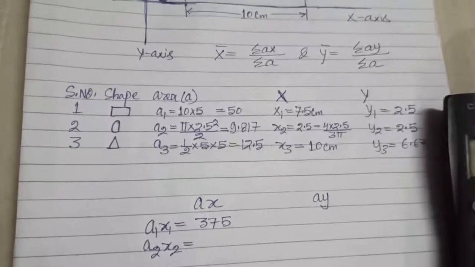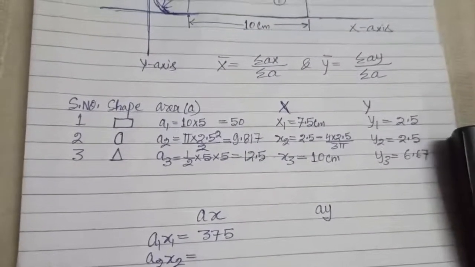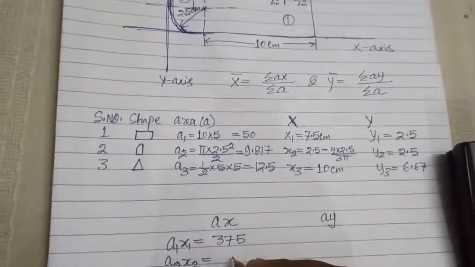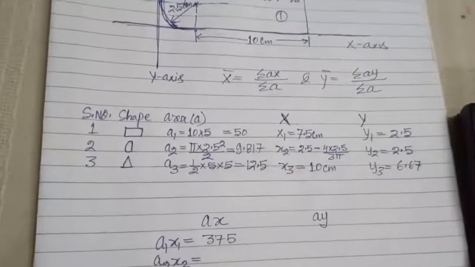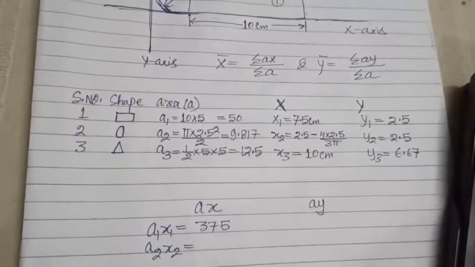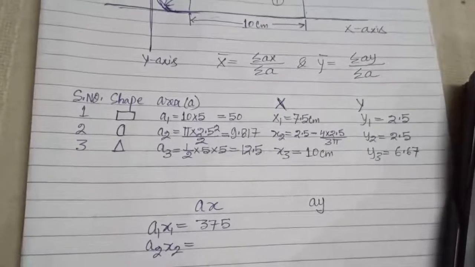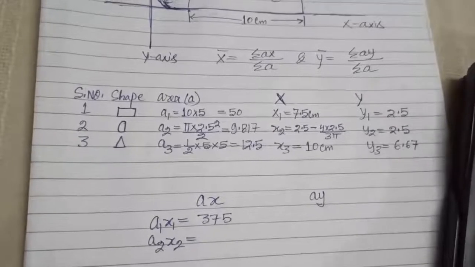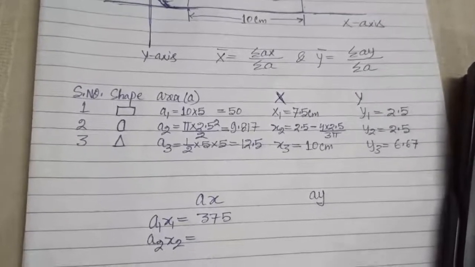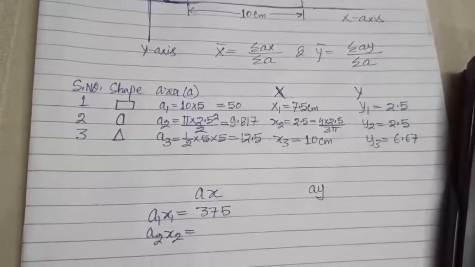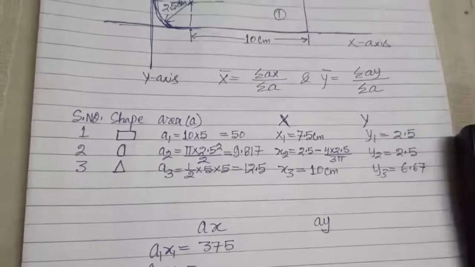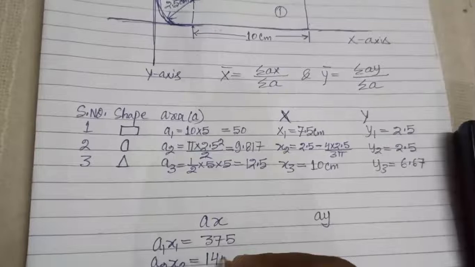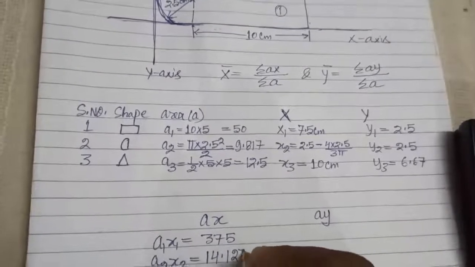So this is 1.439, into 9.817. So this is equal to 9.817 into 1.439, which is equal to 14.127.